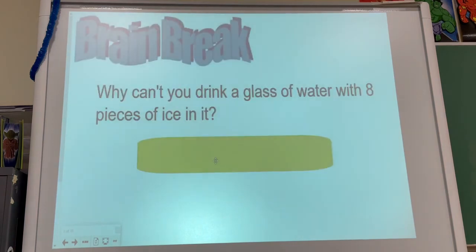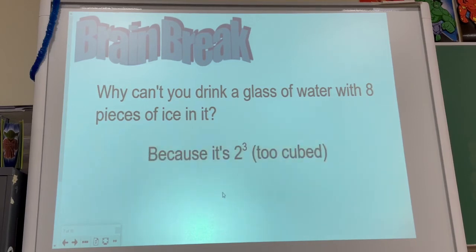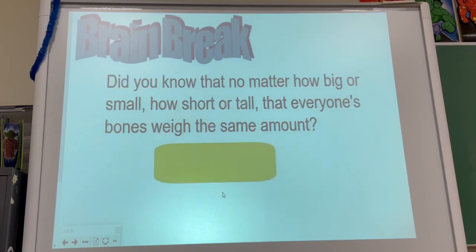Time for a brain break. Why can't you drink a glass of water with 8 pieces of ice in it? Because it's 2 cubed. Ice cubes. Get it? Did you know that no matter how big or small, how short or tall you are, everyone's bones weigh the same amount?